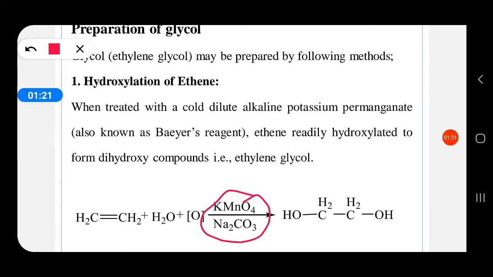If the pink color disappears, the compound is unsaturated or easily oxidizable. The same reagent is also called Bayer's reagent. When ethene is treated with Bayer's reagent, it is readily hydroxylated to form a dihydroxy compound called ethylene glycol.